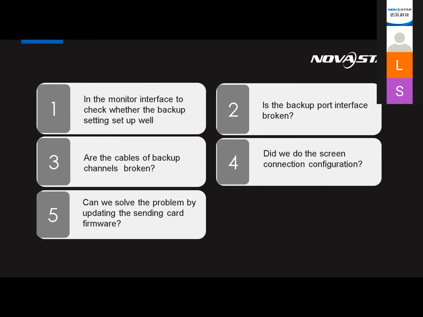When the primary sending card stops working and the backup doesn't work, this might be the cause. We can try to update both controllers' firmware to the latest version to check if backup works.